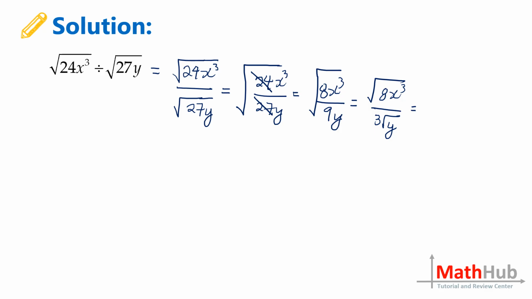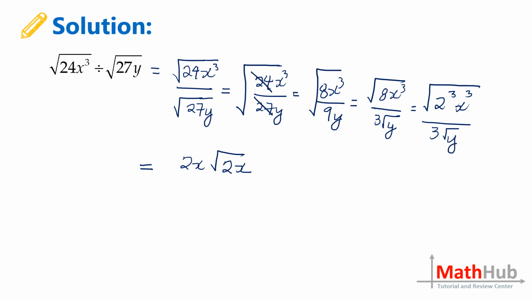Let's do just that. 8 is 2 cubed, and then x cubed over 3 square root of y. And then the numerator becomes 2x square root of 2x.